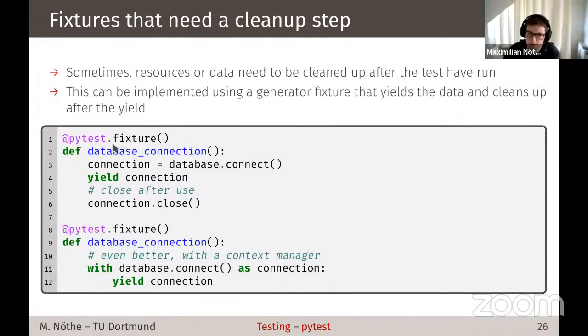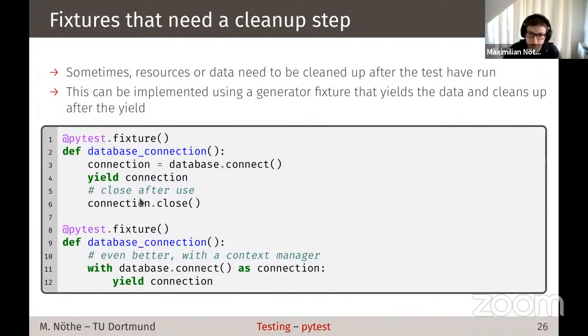So here I took the example of a database connection, which I have to close after I used it in the tests, and I have to write a generator function here that yields the connection. And what this will do is that pytest will run this function until it yields a result. Then it will use that as input for the test. And after the test has finished, the rest of the code after this yield statement will run and perform my cleanup.